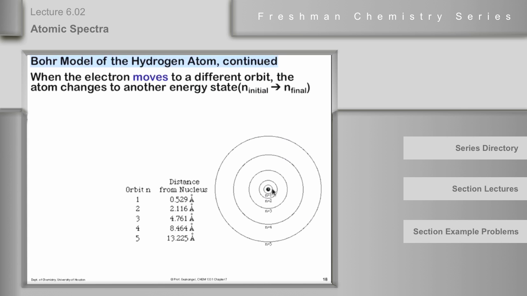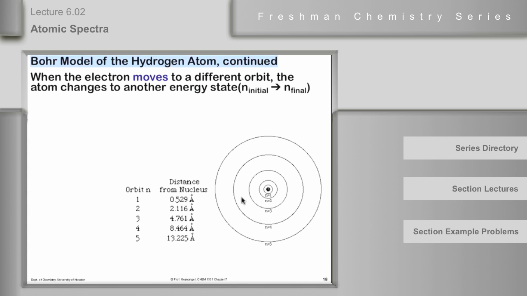And when the electron is closest to the nucleus, that's the ground state of the atom. It can't go any further down, can't be more negative than the electron being in the ground state. But if the atom absorbs some energy from somewhere, like a flame or an electric arc, the transformation from the ground state up to an excited state is accompanied by the absorption of a certain amount of energy.